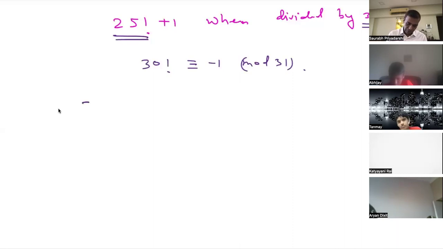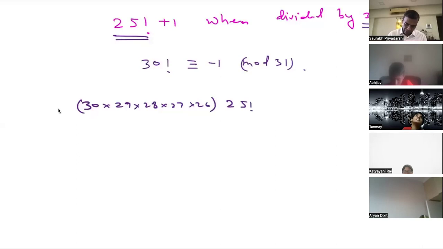So this will be 30 into 29 into 28 into 27 into 26 into 25 factorial congruent to -1 mod 31. Or this will be -1, -2, -3, -4, -5 into 25 factorial congruent to -1.